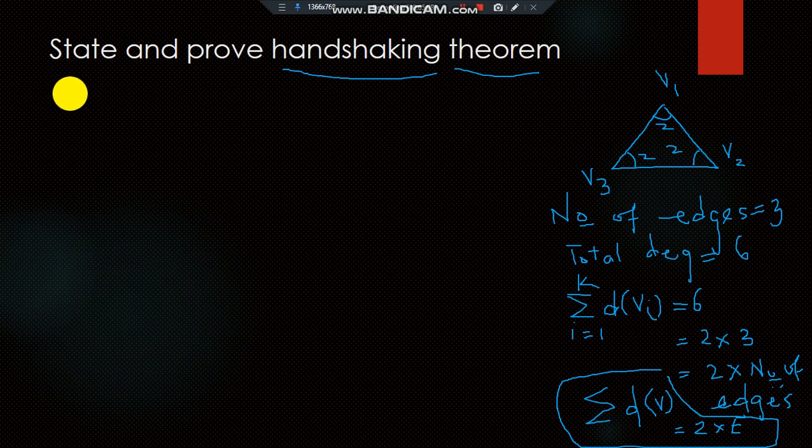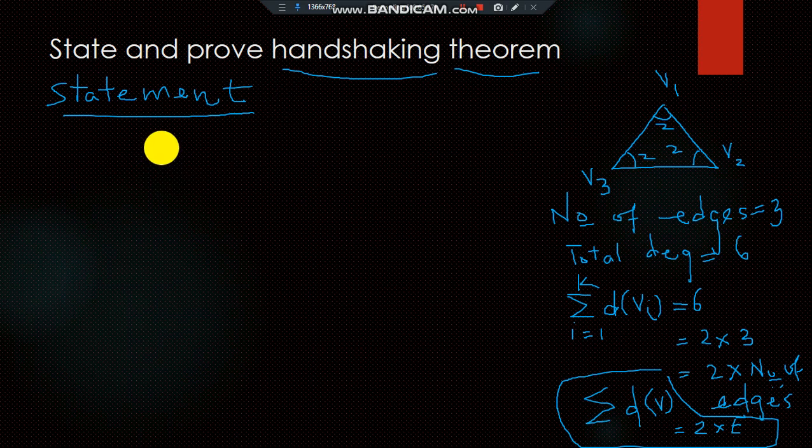That is what we have to write: the total degree of a graph equals 2 times the number of edges.